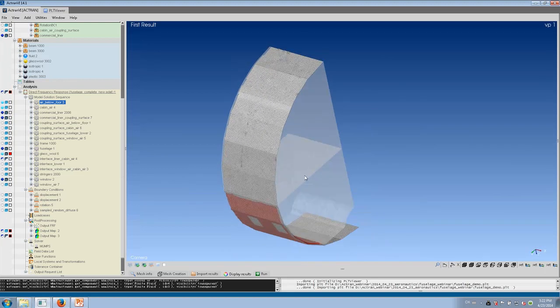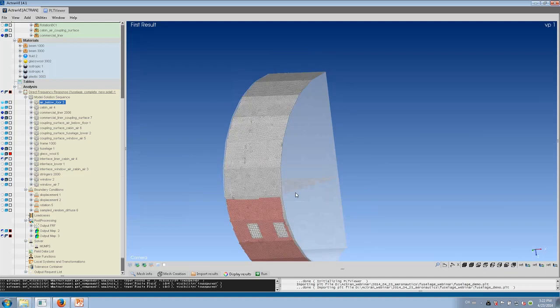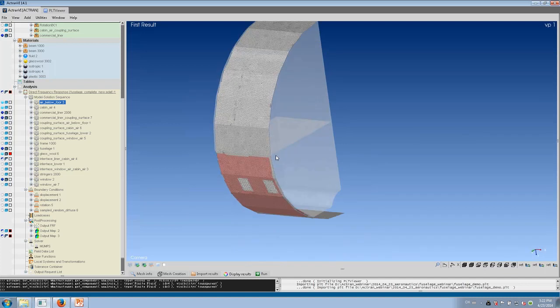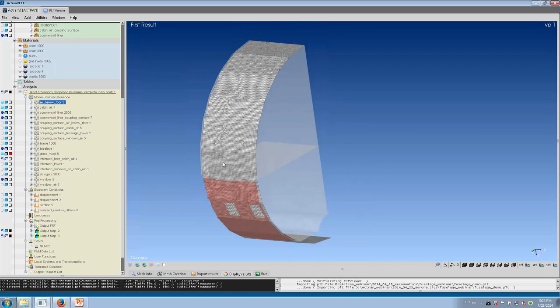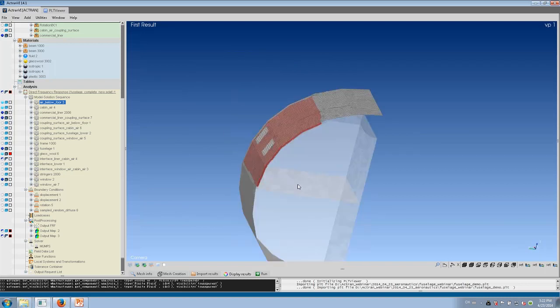Now, the floor is not modeled in this problem, so it is assumed to be a rigid separation between these two air domains, while we could also model this floor using solid material. And we see that there are several interfaces and coupling surfaces between the different domains.